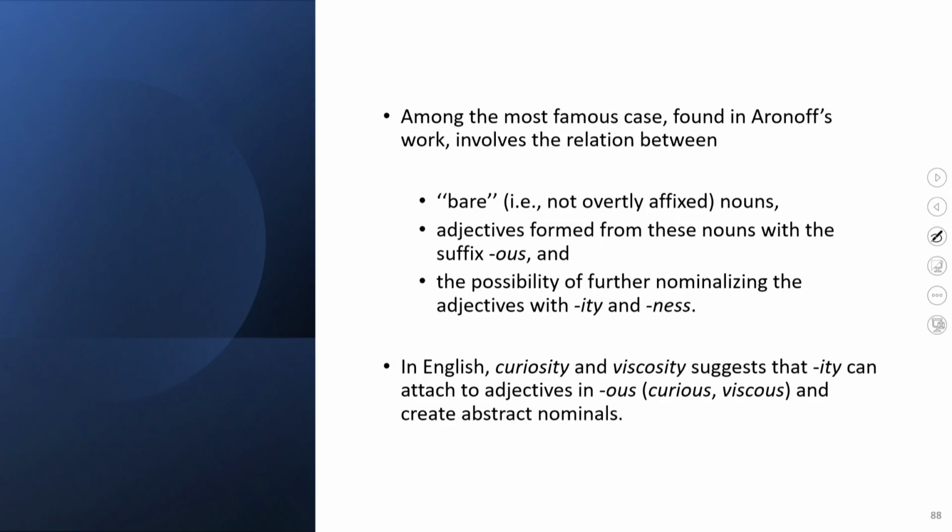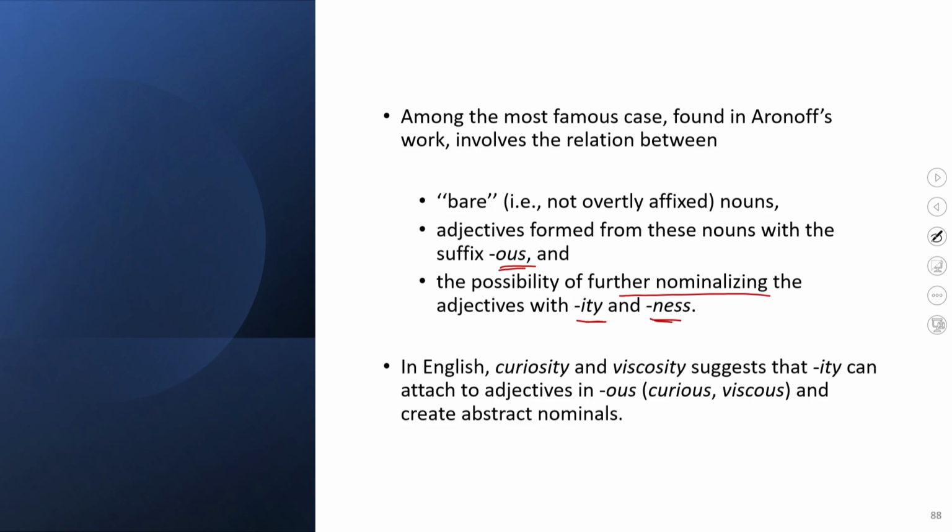And then adjectives formed from these nouns with the suffix ous. From glory it becomes glorious. So, you create an adjective from there, and then the possibility of further nominalizing the adjective by adding the two suffixes ity and ness.